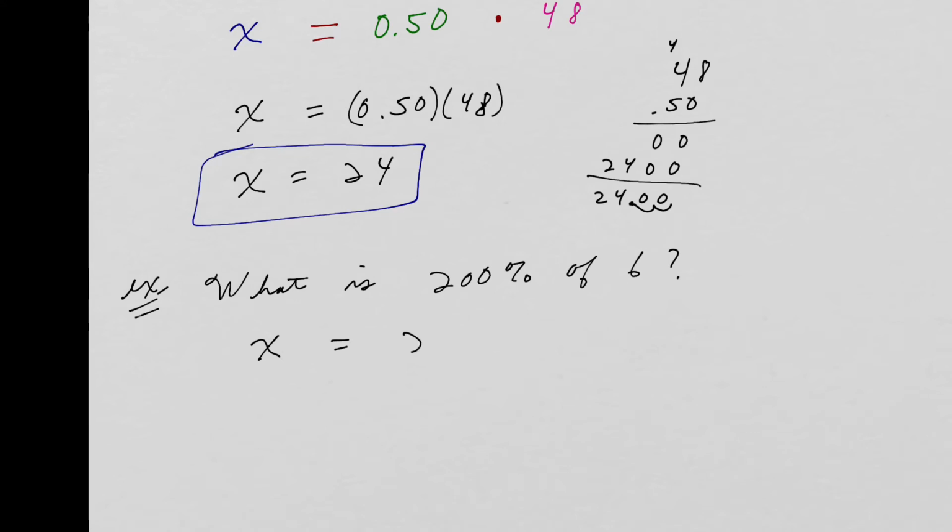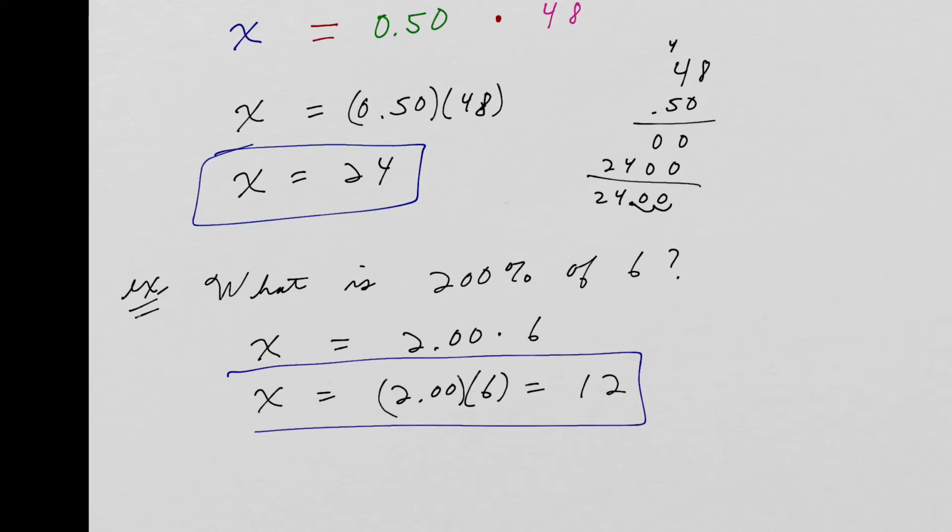So it'll be 2.00. Of means multiplication, times, and then 6. So this is just going to be 2 times 6, which of course is 12. And that would be the answer. And we could check it: 12 is 200% of 6. It's twice 6.